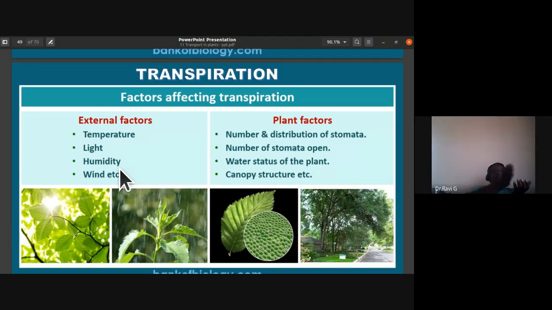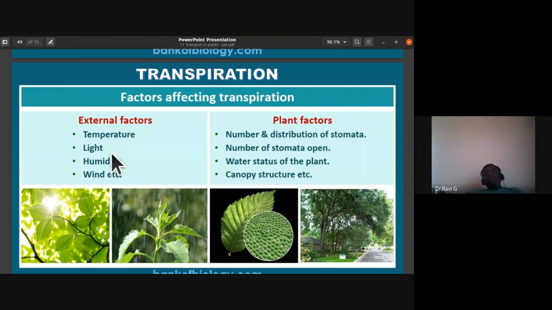As a result, whenever it is removed, more transpiration can occur. If it is not removed, it would reach a saturation point and transpiration would be slower. So once the wind removes this water vapor layer above the leaves, it creates an opportunity for more transpiration to take place. That is how wind facilitates the increase in rate of transpiration.